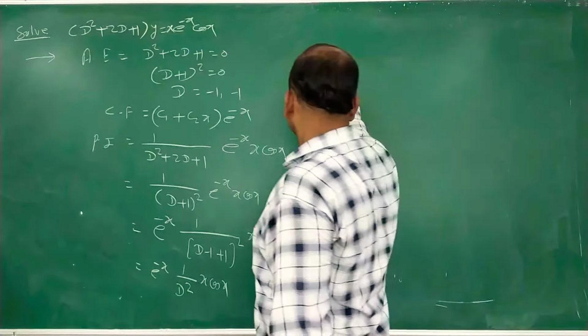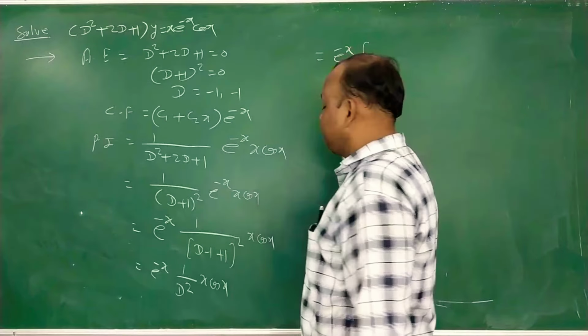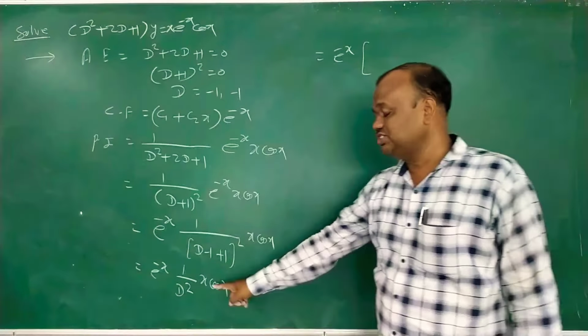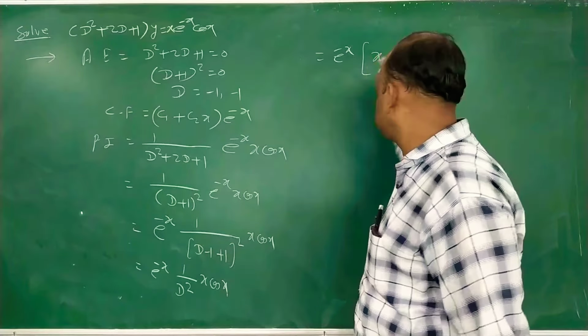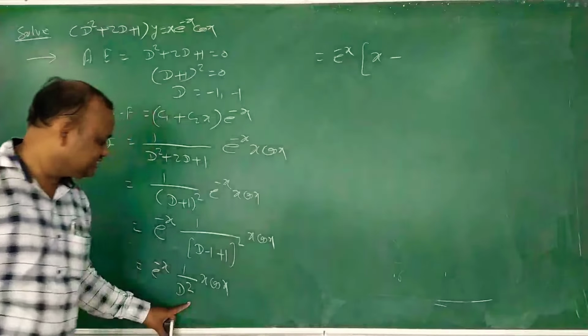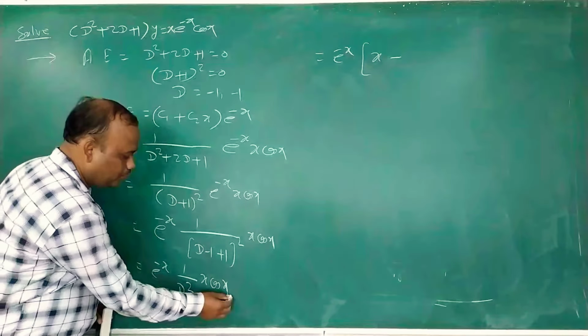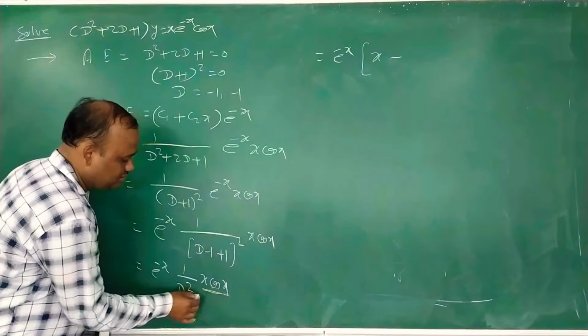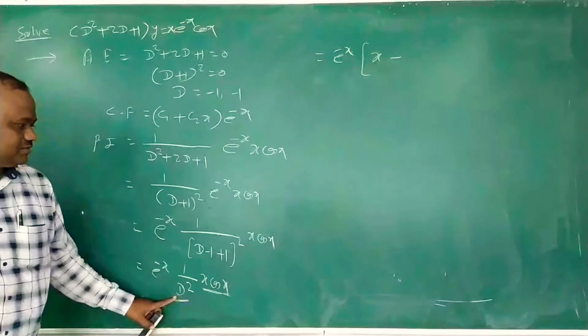It is equal to e^(-x). Now what is the x into v formula? If f(x) is equal to x into v, then PI is equal to [x - φ'(D)/φ(D)] into 1/φ(D) into v. Now φ(D) we have to consider D², not this, because we have to find the PI of this function under this equation. So φ(D) is D² here.